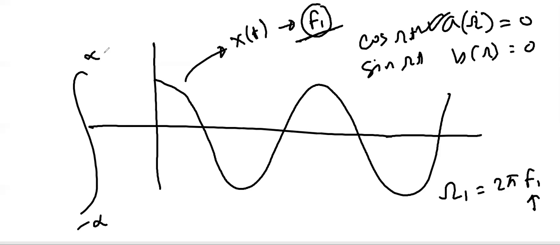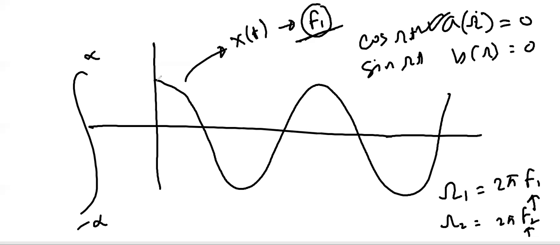However, if you go for any other frequency, let's say omega 2 is equal to twice pi f2, whatever the frequency f2 is, it will not match. In that case you will find some positive value and some negative value, and whenever you make the integration or the summation, that will nullify and actually give 0 value in the output.